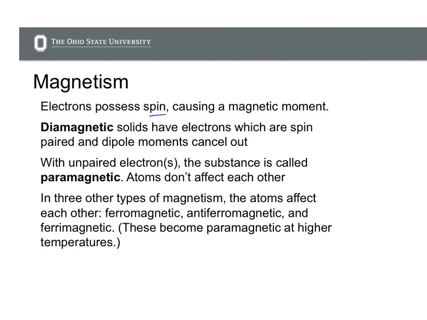We have diamagnetic solids, which have electrons which are spin paired, and their dipole moments cancel out. These types of things are repelled from a magnetic field. Key thing here, spin paired. That's going to come back, all right? So spin paired, repel from the magnetic field.